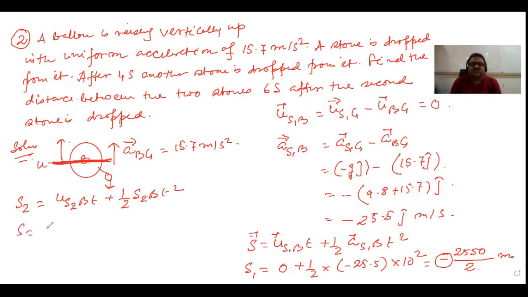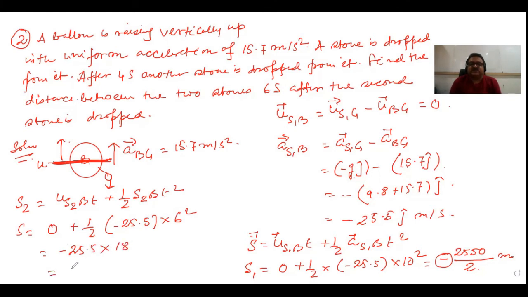Now this is 0 again, and this is half into minus 25.5, but now t square is 6 square, which is 36.